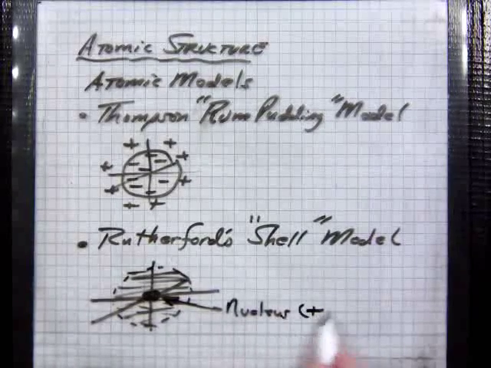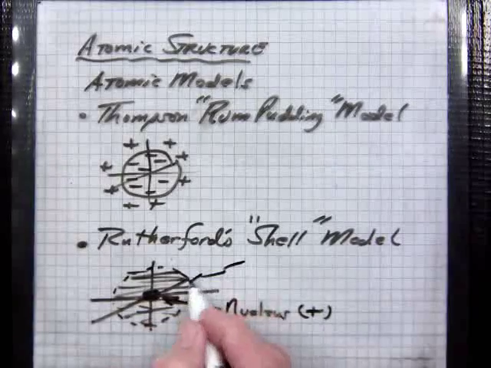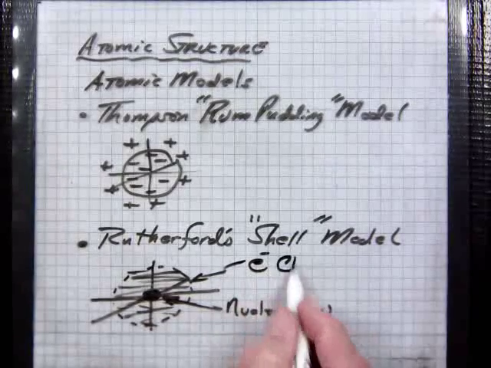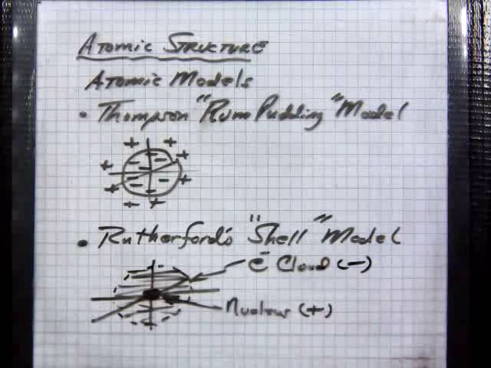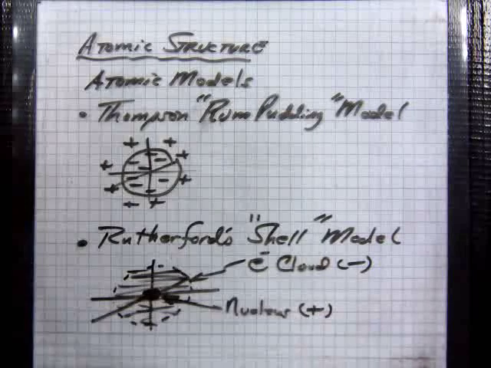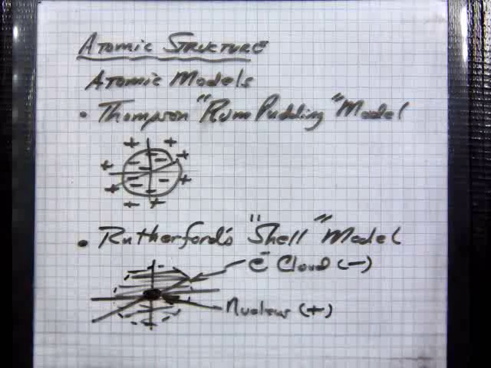Having a positive charge, incidentally, and the electron cloud having a negative charge. And the structure of it was not defined as we know it today. Of course, it evolved, the structure has evolved over years.